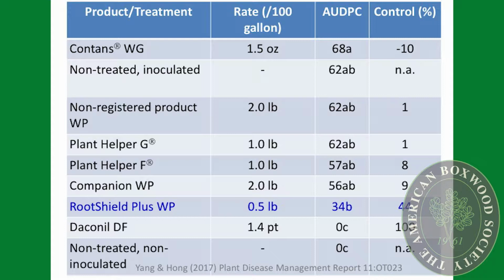The way these were rated was to look at something called the area under the disease progress curve, which is a fancy term for how much disease there is. And if you look through here, if you did not treat the plant, but you inoculated it with the pathogen, you've got an area of 62. And then let's see, look down here, 34.